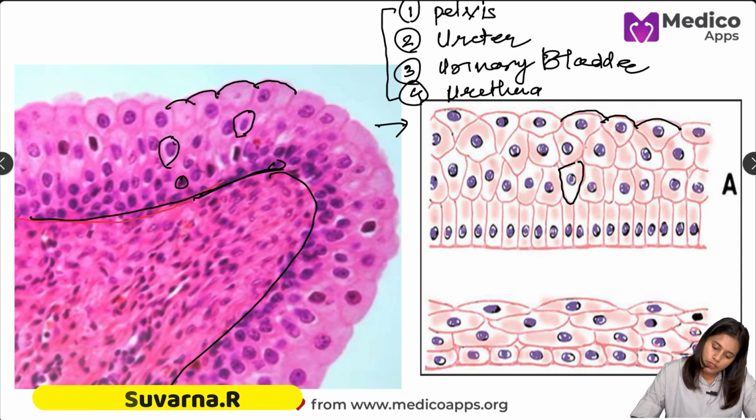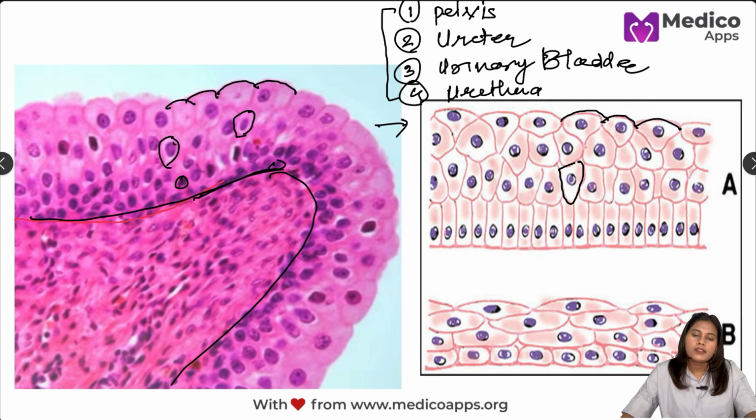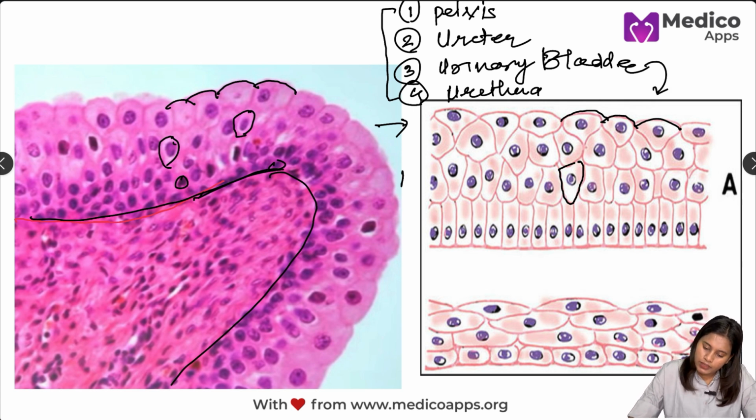These organs specifically contain urine in their passage. The function of this transitional epithelium is that it is non-absorbable in nature and does not secrete. Let's understand by this example. Suppose this is the urinary bladder.